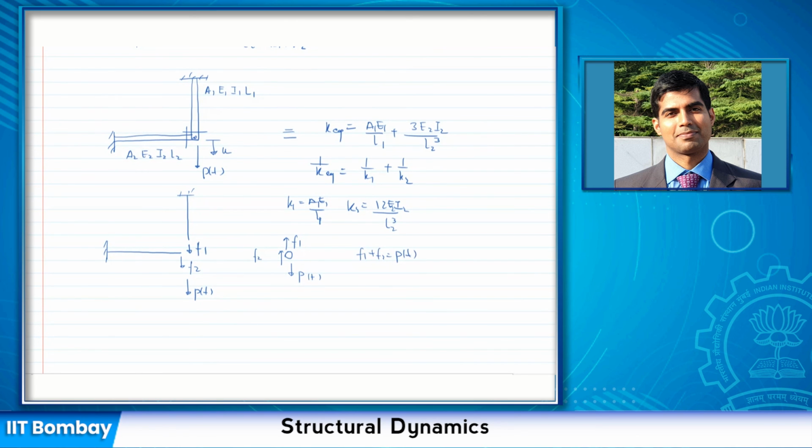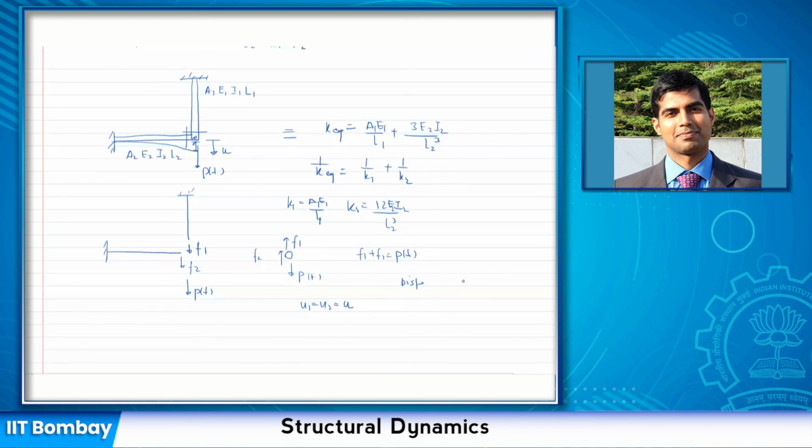However, what is the same here? These beams are connected by the pin here. So when I apply the displacement, it ensures that the lateral deflection of this beam is the same as the axial deflection of this. So U1 is equal to U2, equal to U, the total for the system. What are we getting here?